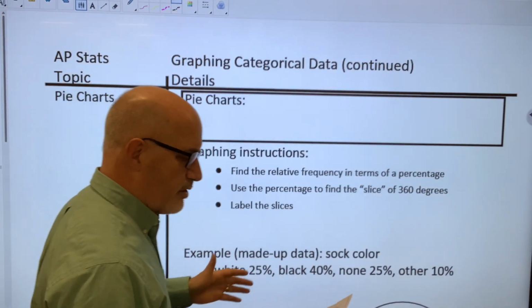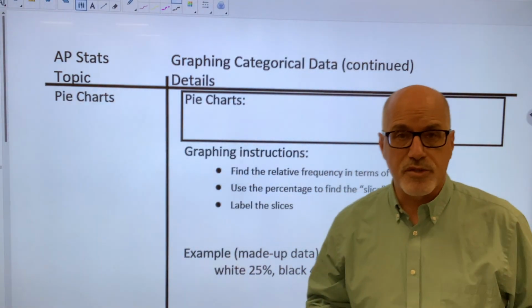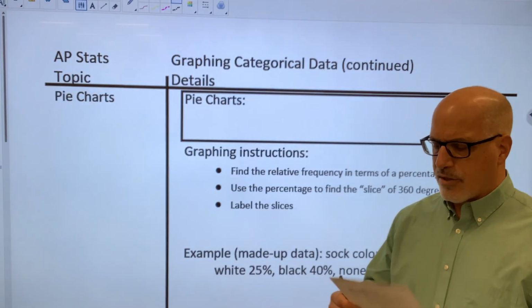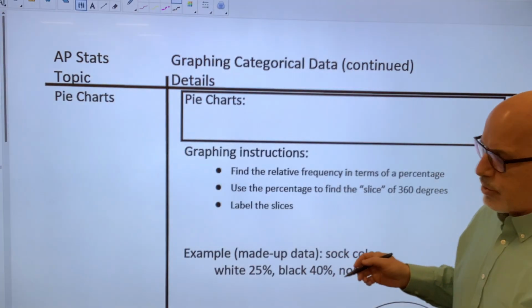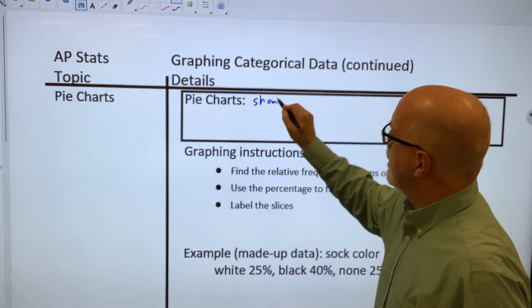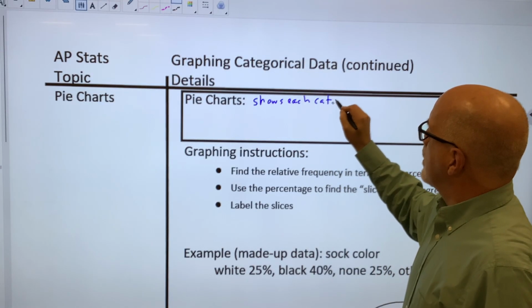So pie charts, these represent the data in circles. Sometimes they're called circle graphs. This again allows us to represent the data. So it shows each category as a slice of the pie instead of a bar.